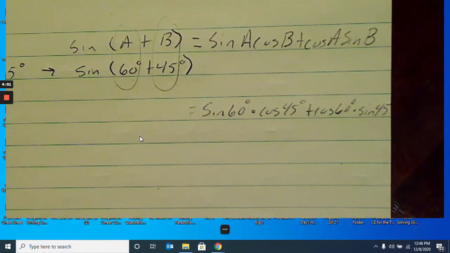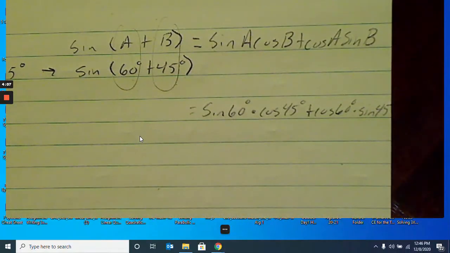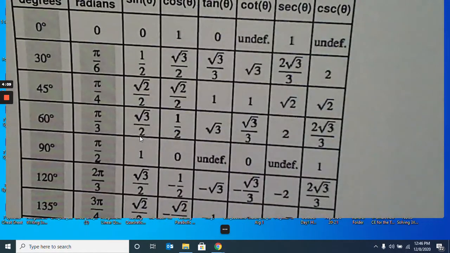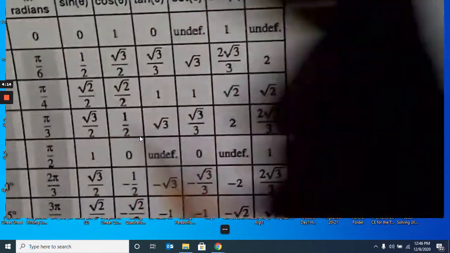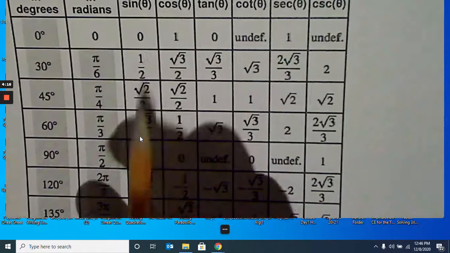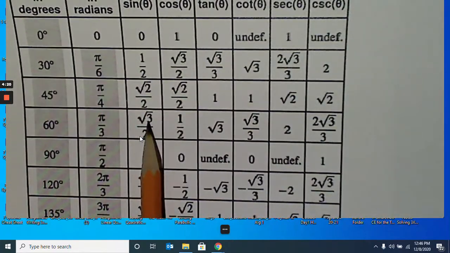And then I can use my chart. Now, if you're used to using a triangle, a circle, to do this, that's fine. But I'm going to use my trig value chart here to do this. So, for example, the first one says sine of 60 degrees. The sine of 60 degrees is the same as root 3 over 2.